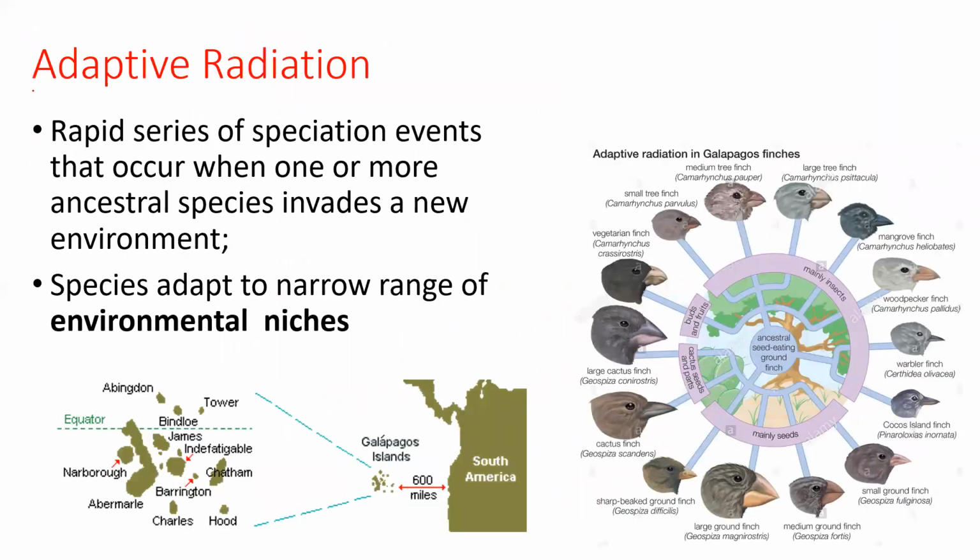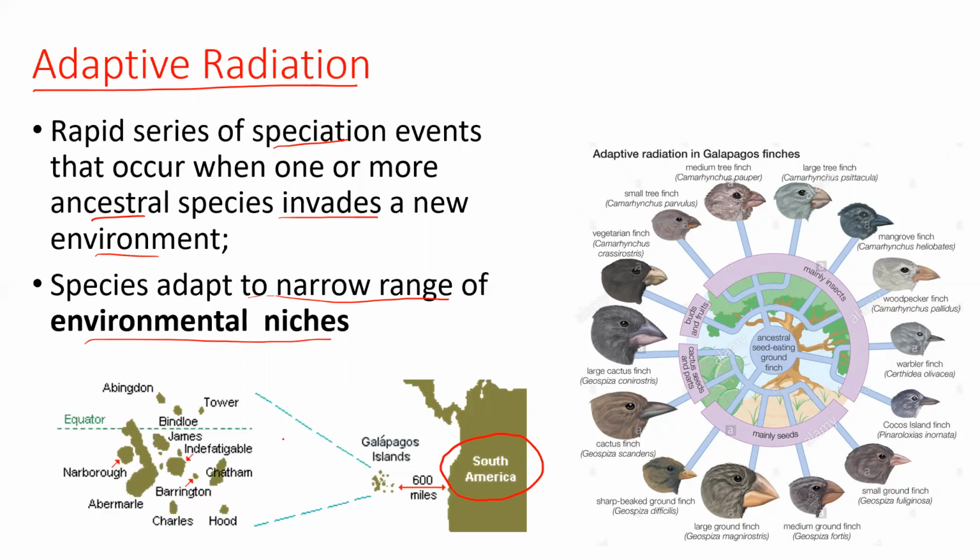And related to that is the word adaptive radiation, a rapid series of speciation events that occur when one or more ancestral species invades a new environment. Now, that was Darwin's finches. We have all of these different species of finches that we looked at last week that came from the mainland, South America, and they diverged onto all the different islands. So species adapt to a narrow range of environmental niches.